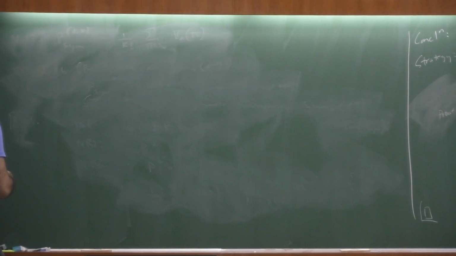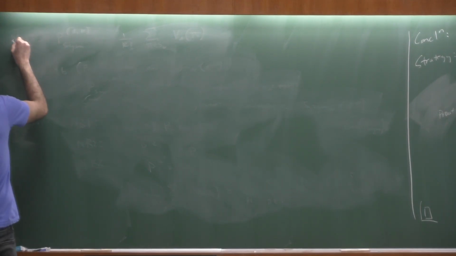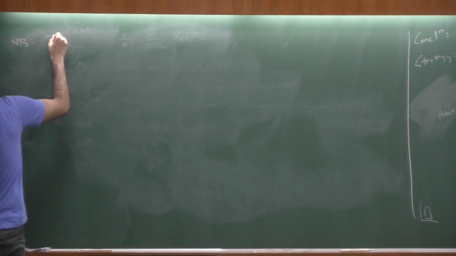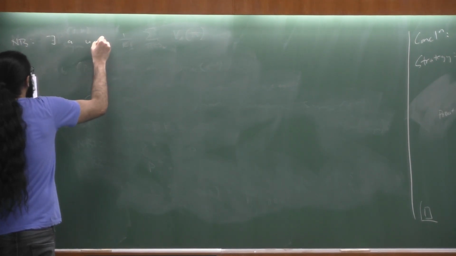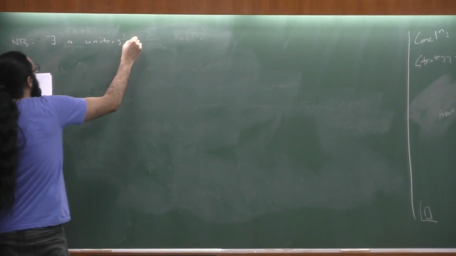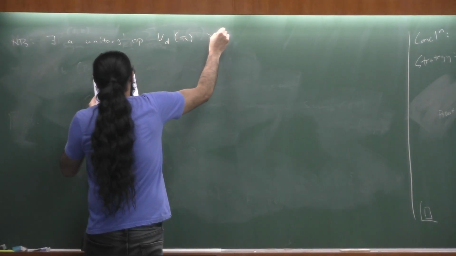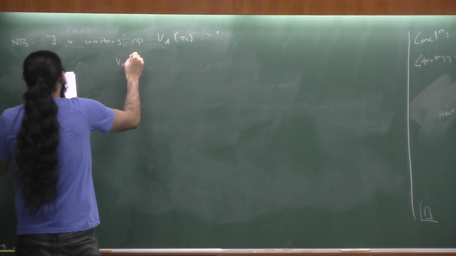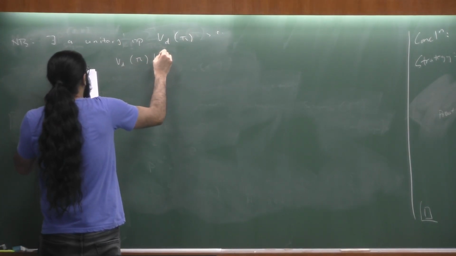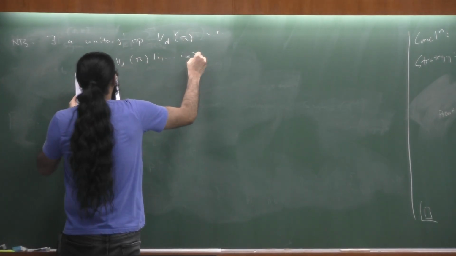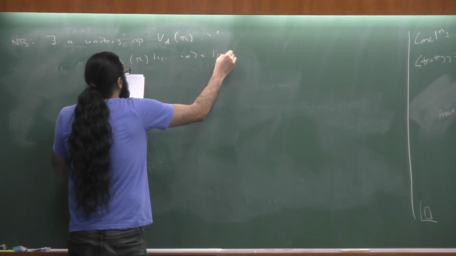Okay, and where was I? Okay, good. And note that there exists a unitary operator V_d pi such that V_d pi takes |i_1 ... i_k> to |j_1 ... j_k>.